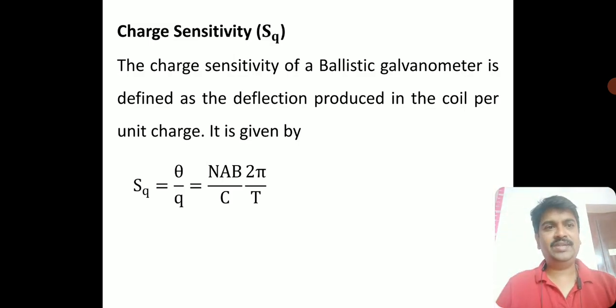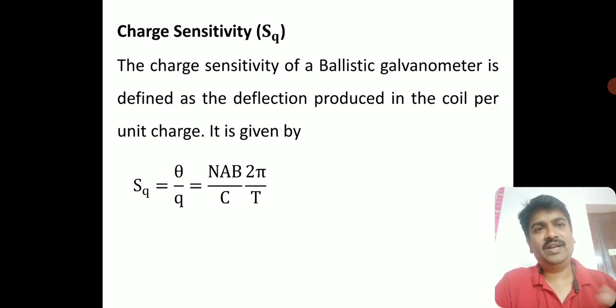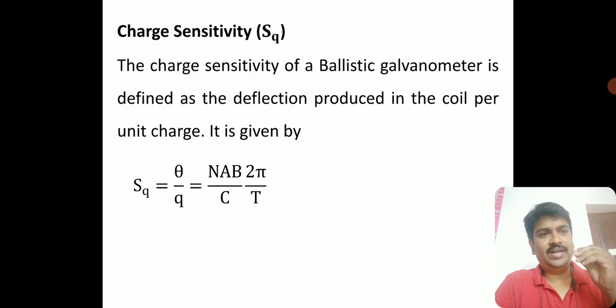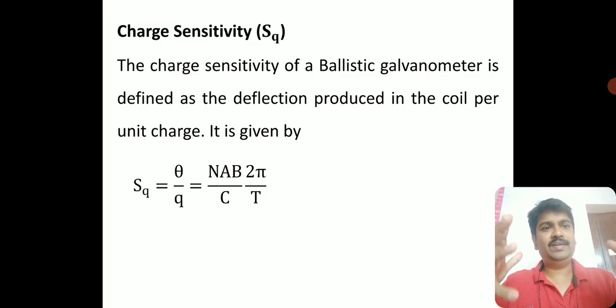The charge sensitivity of a ballistic galvanometer is defined as the deflection produced in the coil per unit charge. I mean to say, we have a coil in the ballistic galvanometer which is placed between two strong permanent poles, north and south.